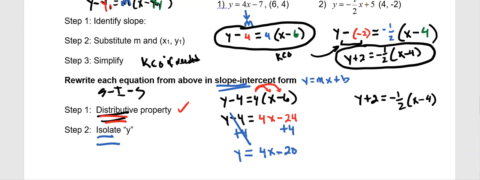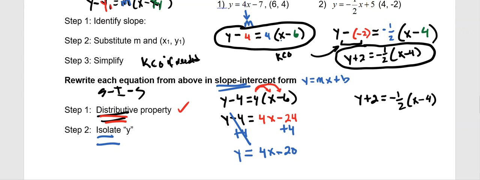There's my y equals mx plus b. That's my equation that started in point slope form, y minus 4 equals 4 parentheses x minus 6. And we brought it through simplifying with distributing and isolating by adding 4 to both sides to an equivalent equation, but in slope-intercept form. So we move from point slope to slope-intercept.